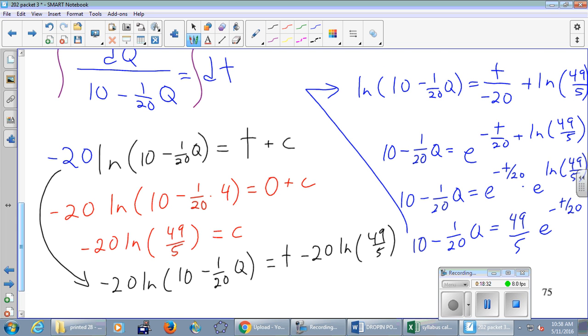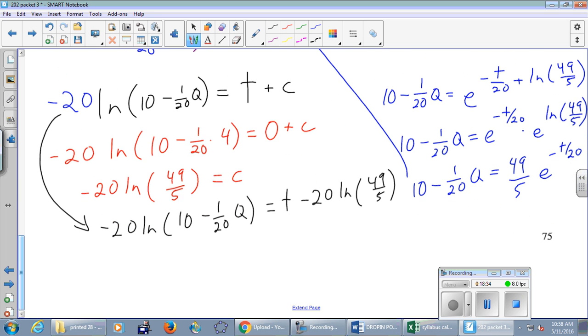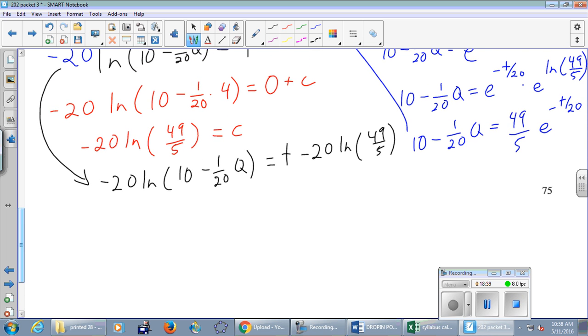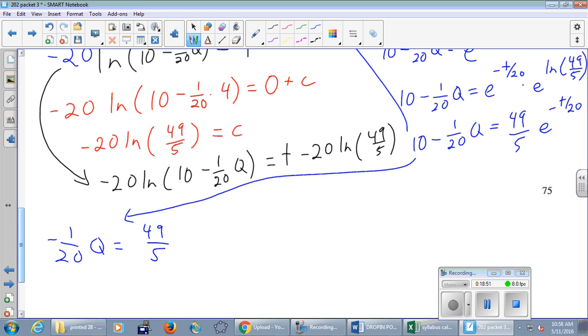Okay, and then just two more steps to solve that last equation for Q. So we're going to come down here now. So we'll subtract the 10. So subtract 10 both sides.